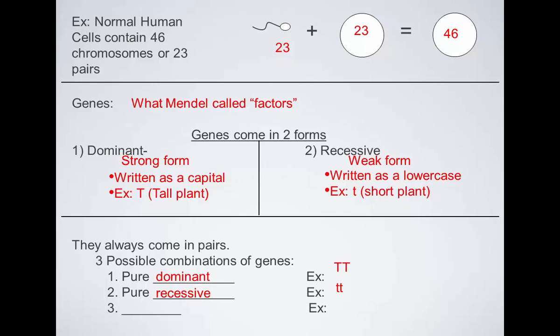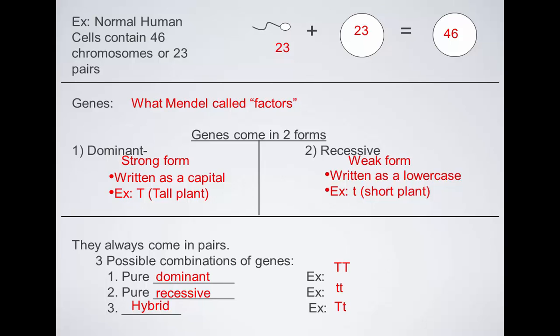I don't know if this is right, but is there one that's like uppercase T and lowercase T? Yeah, one of each. We have a word for that. Dan? Yeah, it's called a hybrid. It has one uppercase T and one lowercase t. Now here's the thing: it doesn't matter what order they are in. We usually write the capital one first. So those are our three possibilities.